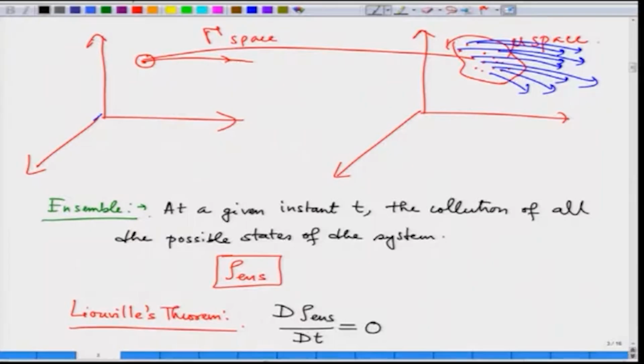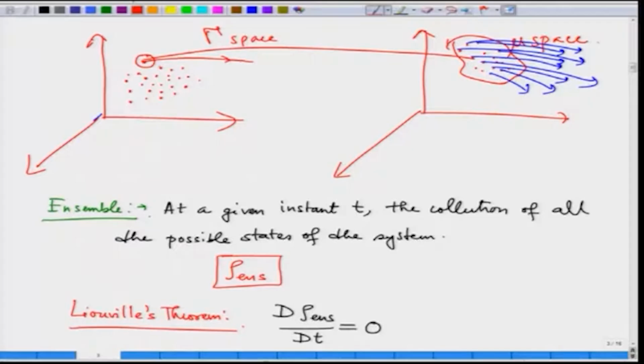So, let me just draw here, so that there is no confusion. I have an ensemble and all the ensemble points are there. Basically one single point in gamma space already corresponds to n points in mu space, but forget that. I am now talking about a large number of points in gamma space. These points are nothing but the replicas of the system.